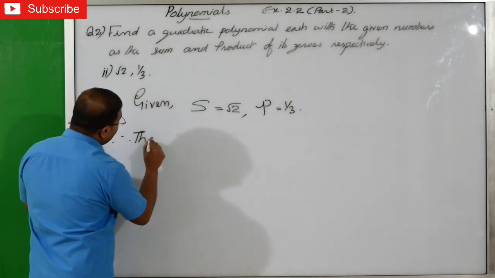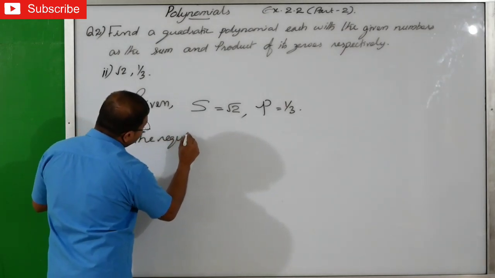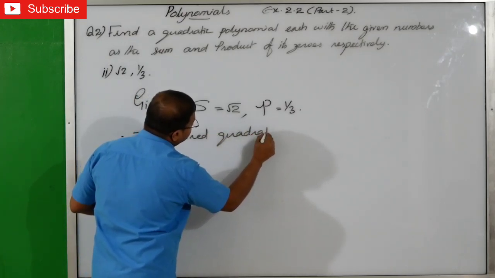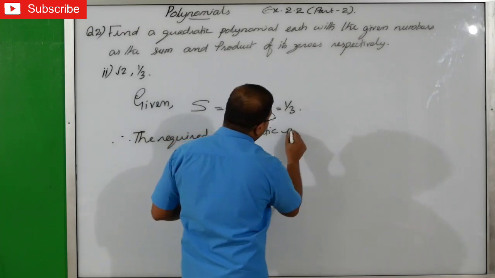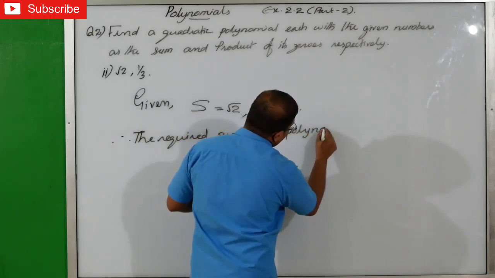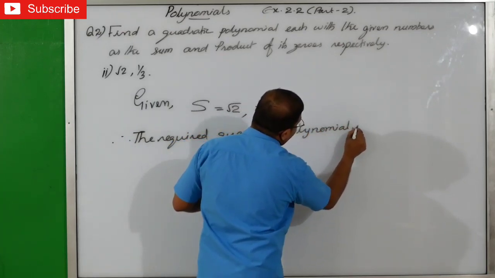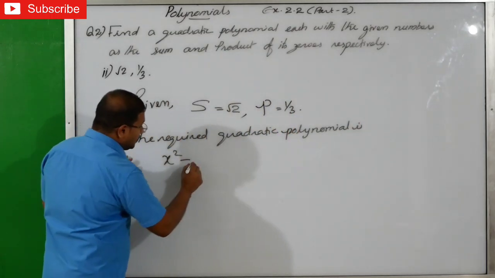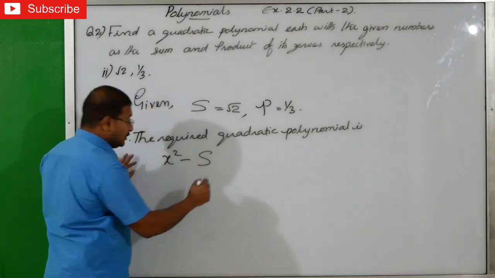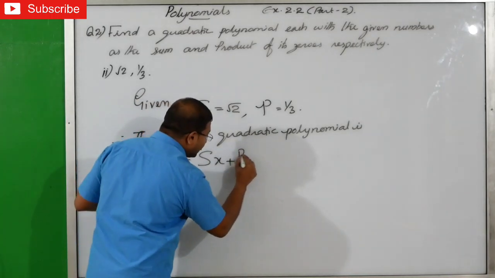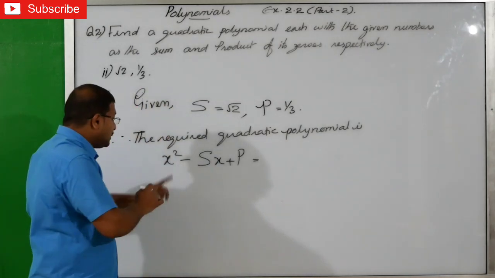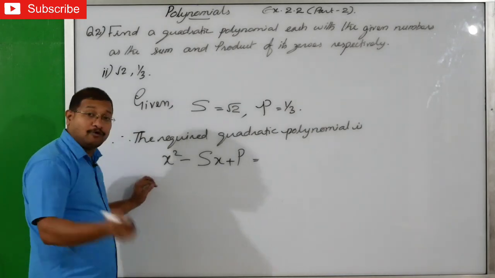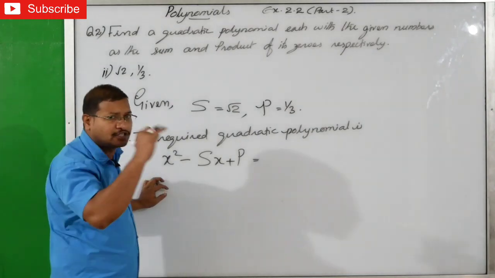Therefore, the required quadratic polynomial is x square minus sum of the zeros into x plus product of the zeros. That means x square minus sx plus p. S means sum of the zeros, p means product of the zeros, isn't it?